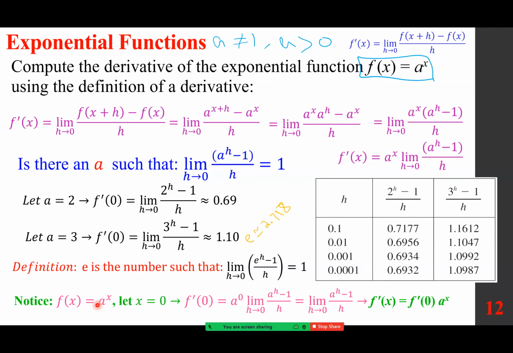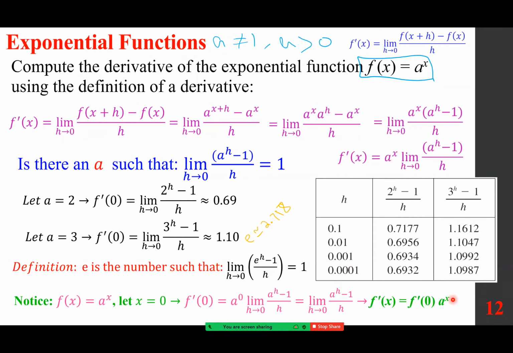Notice if we have f of x equals a to the power of x, and if we let x be 0, look at this one. If you choose x to be 0, you get a to the power of 0, limit of a to the power of h minus 1 over h. This is equal to 1, and it gives you this limit. Therefore, f prime of x, regardless of what a is, becomes f prime of 0 times a to the power of x.